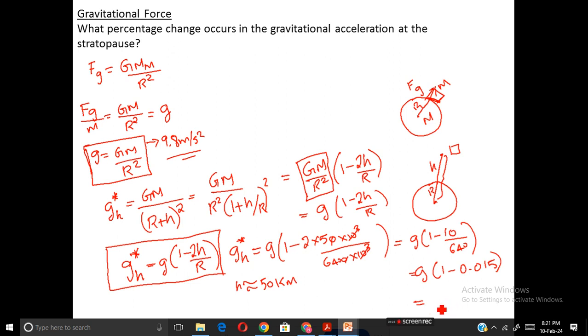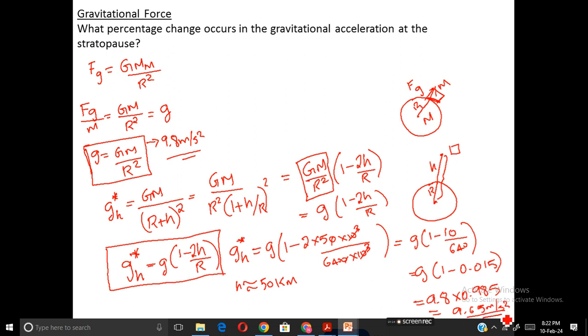0.985 it will come. So 9.8 into 0.985 will be, how much is it coming? 9.65 meter per second square.